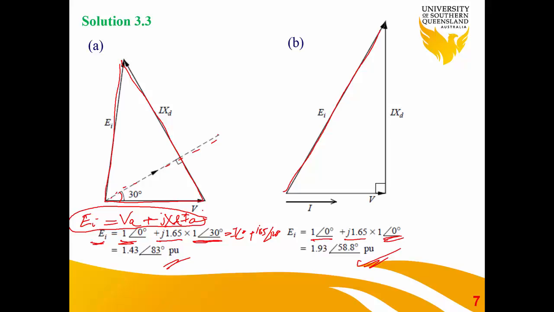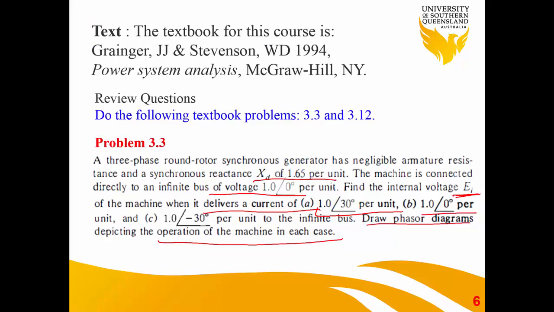What is VA? Last time we said it is the voltage. If you go back to the problem, yes, it is already given as the infinite bus, 1 per unit. And then you have your current, and then given your XD.